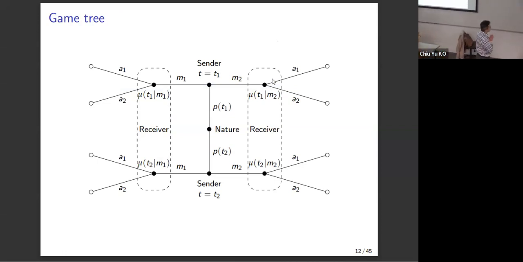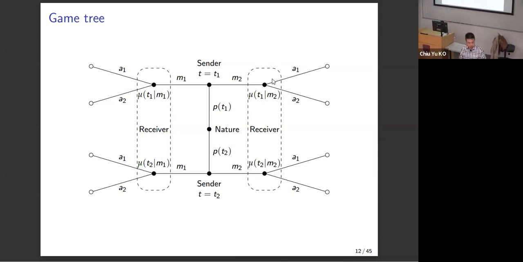So nature will tell you whether you are the upper part or the lower part if you're a sender. You can imagine this is a high cost or low cost, like in entry competition. The new entrant is decided by nature whether it's high cost or low cost, and the incumbent looks at what message is sent.